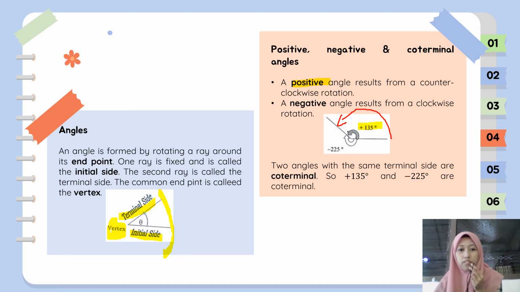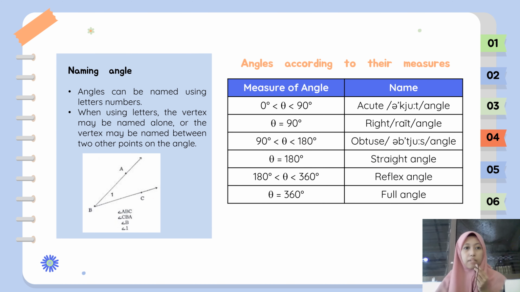A negative angle results from a clockwise rotation, from this to this. Okay, so two angles with the same terminal side are coterminal. So plus 135 degrees and minus 225 degrees are coterminal.